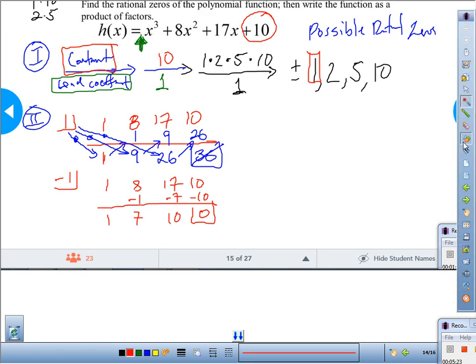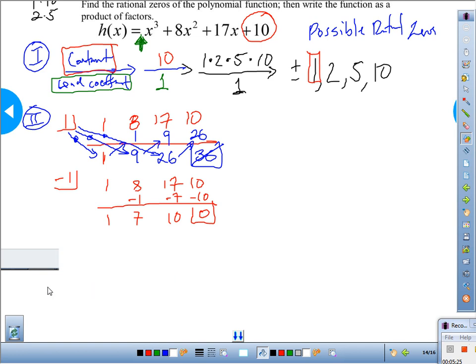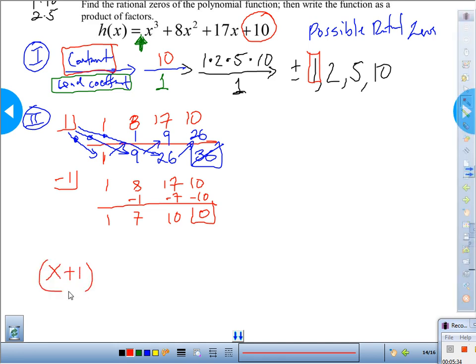All right? Now that we have our zero, we're going to write this one first, and that one is x plus 1. Mr. Q, how did you get that? Remember when we first did the practice for the synthetic division where we got this number from? It was a binomial, yes? Let me work it backwards so you guys can see it.